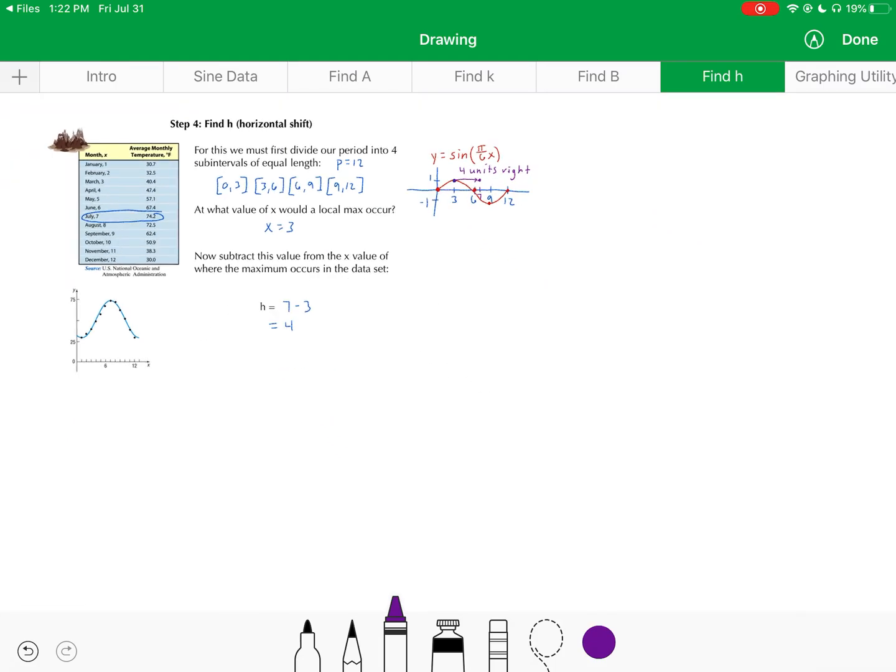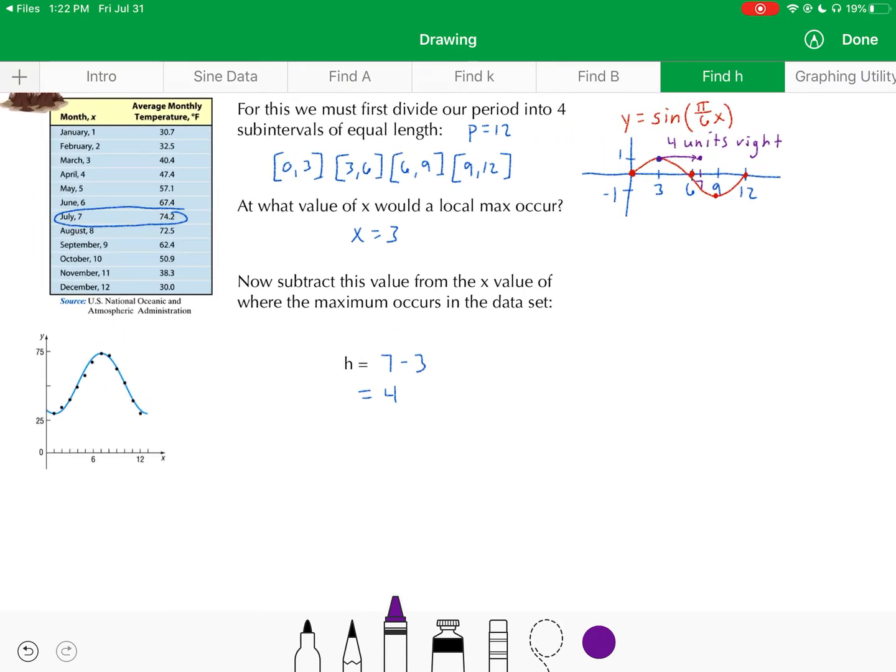All right, so we take the H value into account now, and the equation becomes y equals 22.1 times the sine of pi over 6 multiplied by the quantity x minus 4, and then added with 52.1.